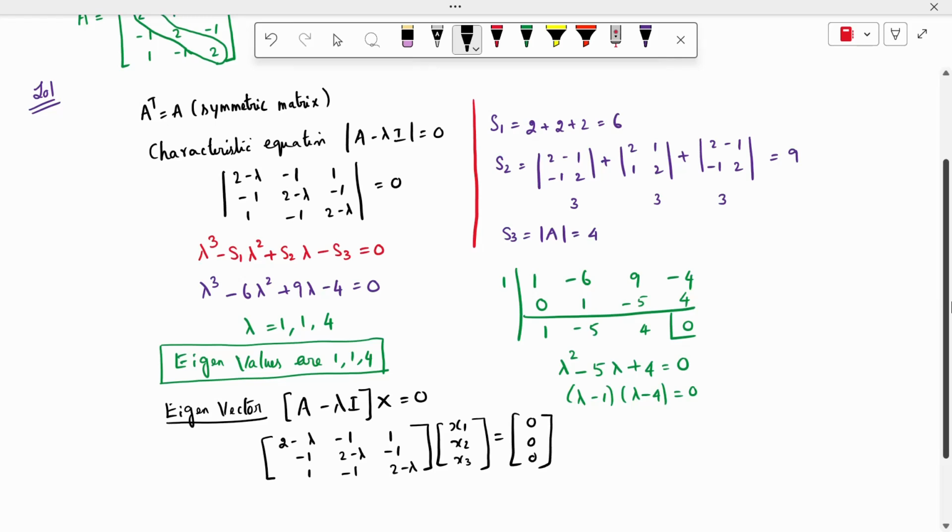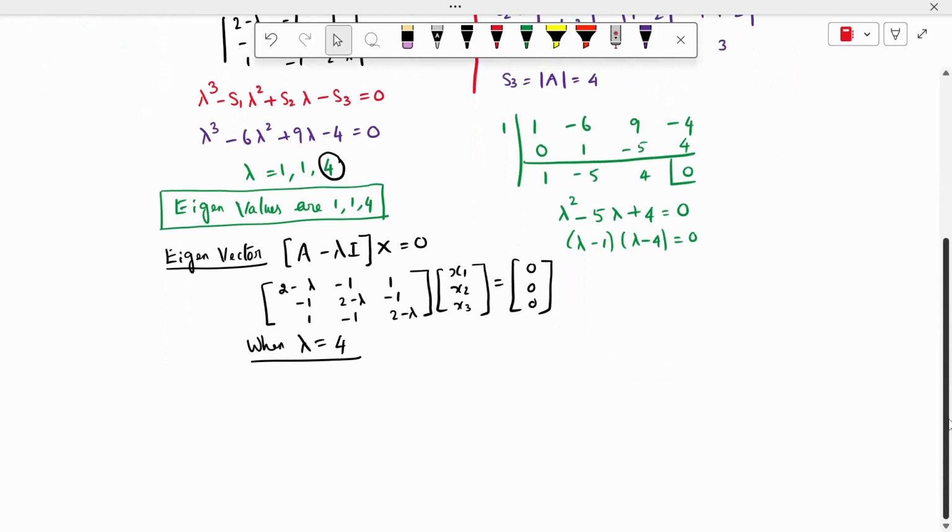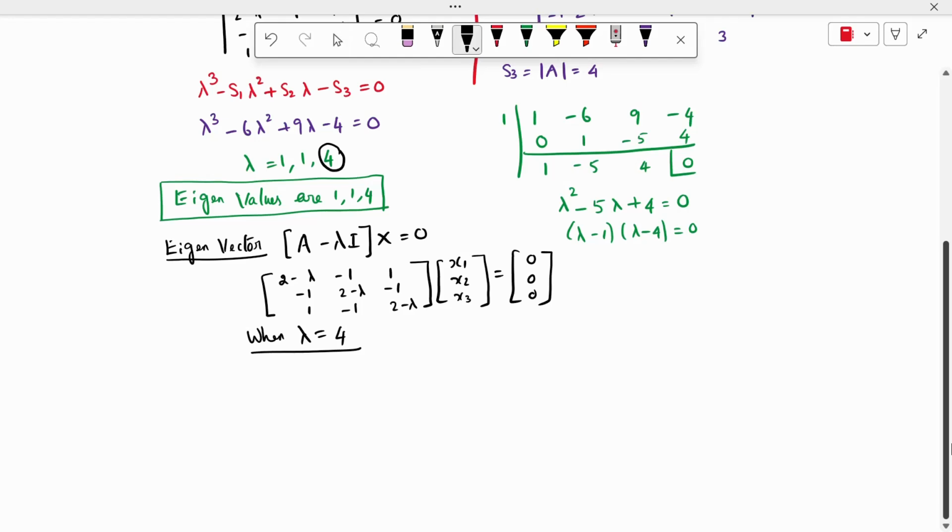First, the non-repeated eigenvalue we have to find, when lambda equal to 4. Substitute lambda equal to 4.